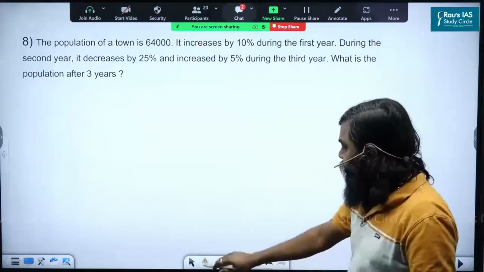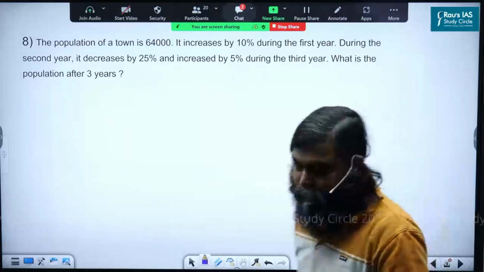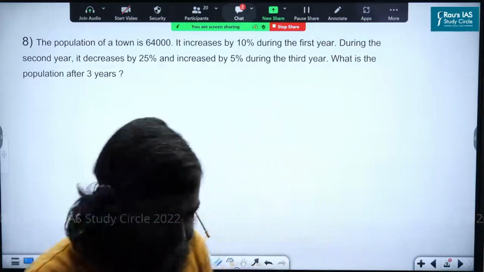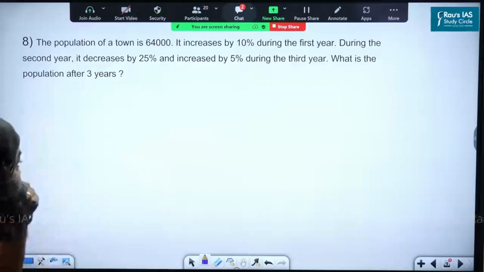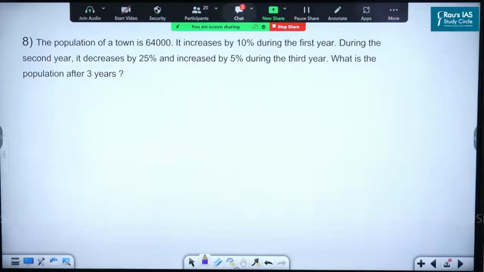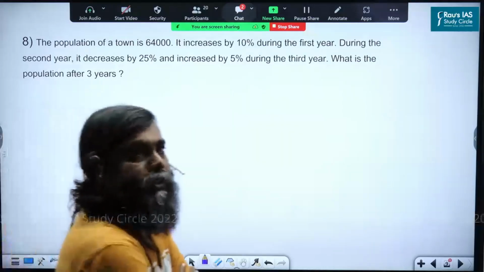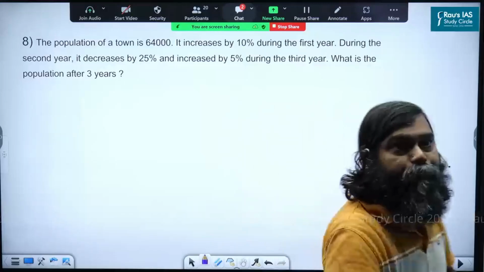Tell me this question. Is this question suitable for successive changes or not? Don't solve the question.